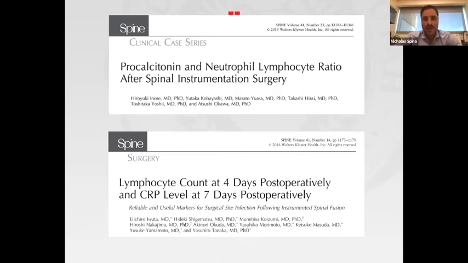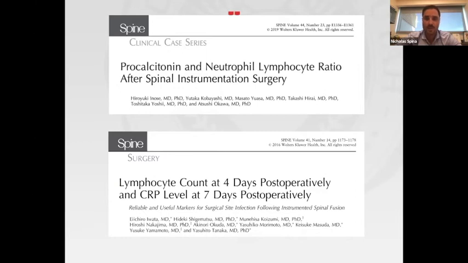The problem that I have really incorporating these into my practice is that these are all prospective studies that look at the values of all these things at 1, 3, and 7 days in a prospectively collected cohort where their infection group is 10 to 11 patients. And so you're generating an ROC curve or trying to set cutoffs in a very small portion of patients. And I think we get conflicting data. So in my practice, I'm not sure how to incorporate these things.